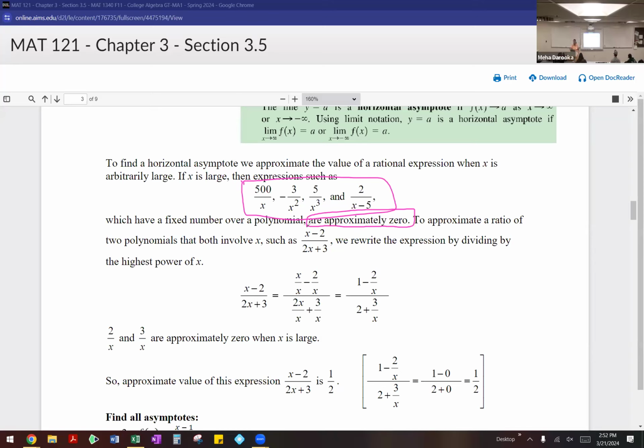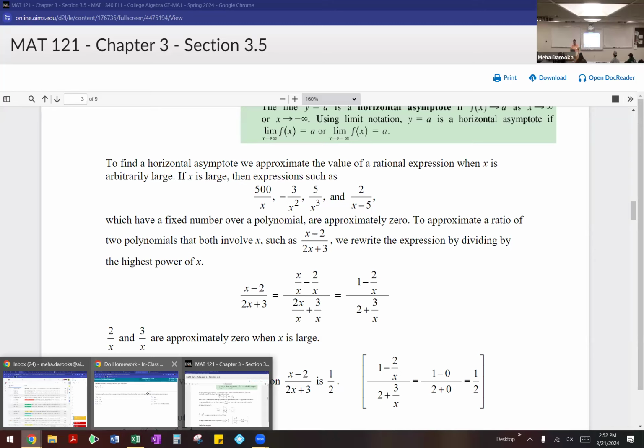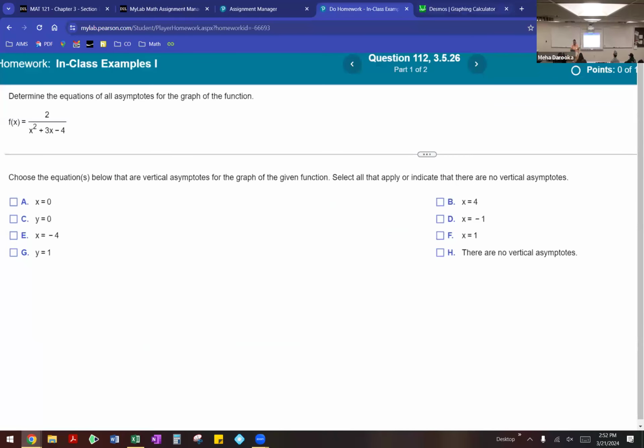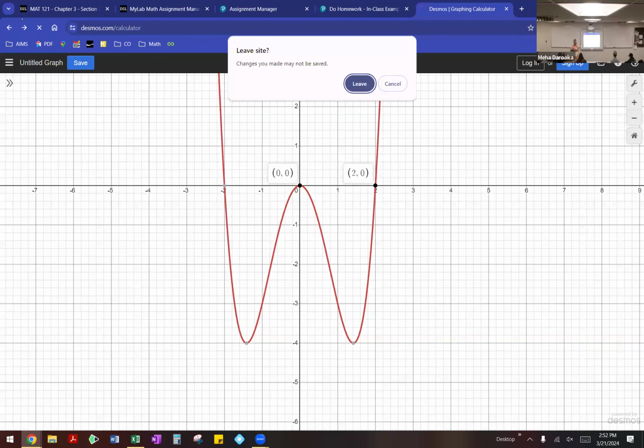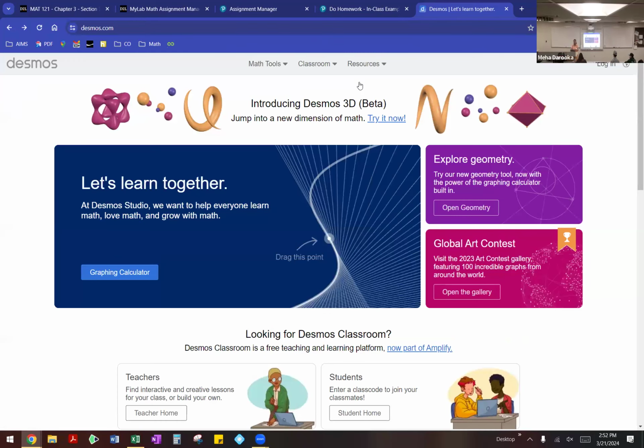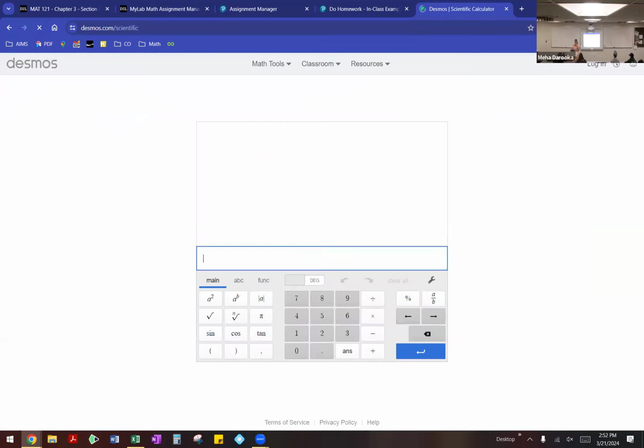And we can actually test this theory. Let's use Desmos to help us out. I'm just going to use the 500 divided by x function. Let's do our basic scientific calculators. So just start with 500 divided by 500. Obviously, it's going to be 1.